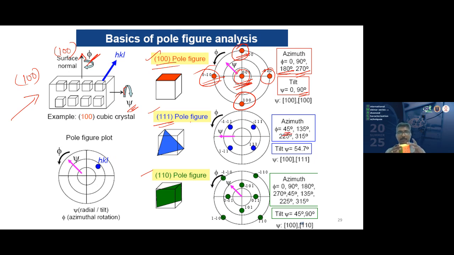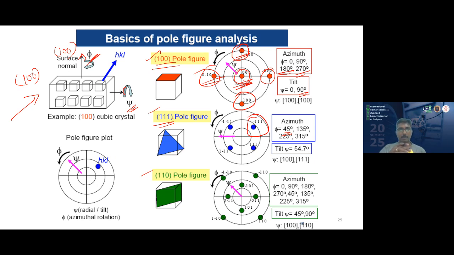and then tilt the sample to 57.4 degree. In that case, our 111 plane will be normal to the scattering vector, normal to the sample surface. So we will get one pole corresponding to the 111 family.